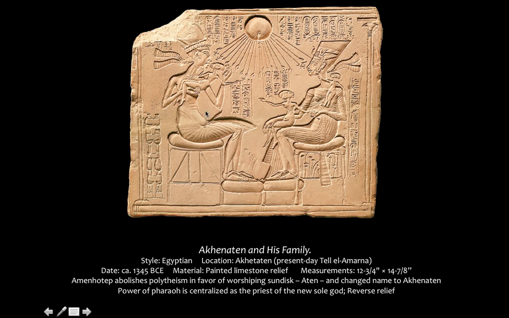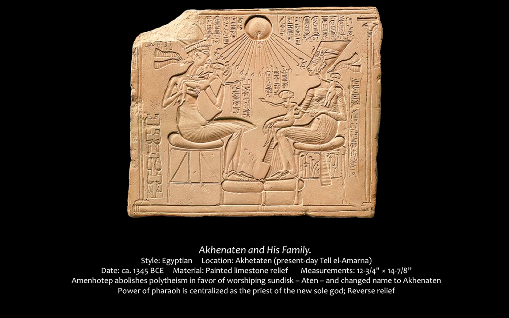But you can notice here things like the sagging belly, the little belly rolls, the skinny arms, the rolls in the neck here. So this is much more of a naturalistic depiction of the family here than what we saw, for example, with the scene of Menkaure and his wife, where they look really, really physically fit.